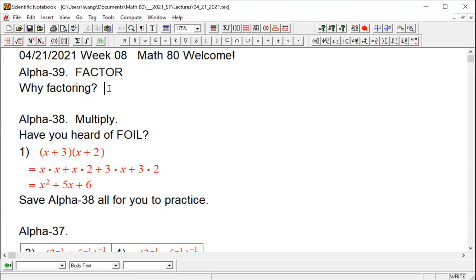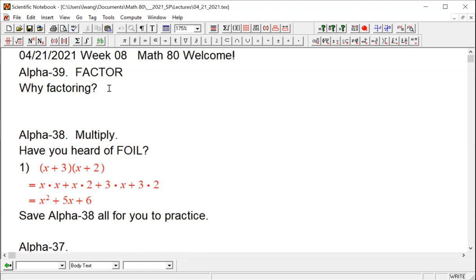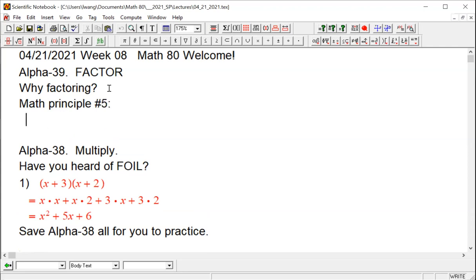that to apply some of those principles, you need to have factors. For example, number 5. Math principle number 5 is a typical reason for factoring. What is it?